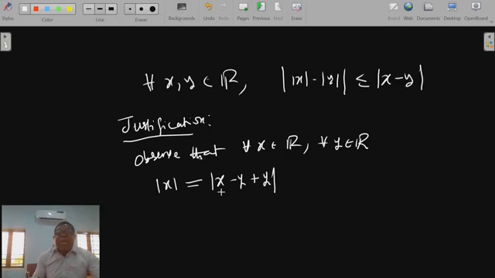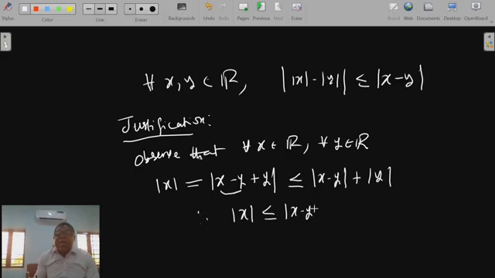So if I look at this as an entity and this as the second entity with plus separating them, I can apply triangle inequality to get that this is less or equal to absolute value of x minus y plus absolute value of y. This means, therefore, that absolute value of x is less or equal to absolute value of x minus y plus absolute value of y.